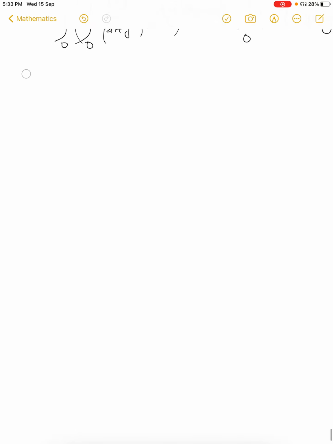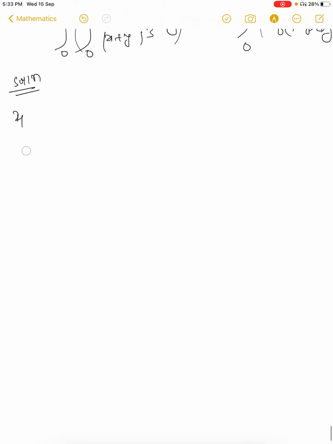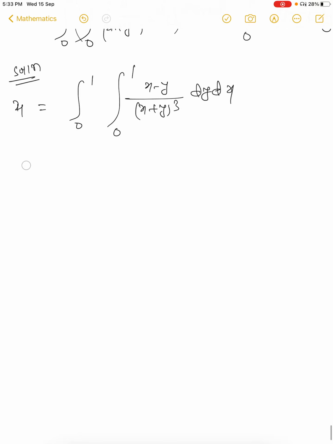Only the difference. So the integration solution: I am not giving the options for this question, I'm solving directly. I1 is integral 0 to 1, 0 to 1 of (x minus y) upon (x plus y) whole cubed dy dx. Next will be 0 to 1, and here is the integration in terms of y.